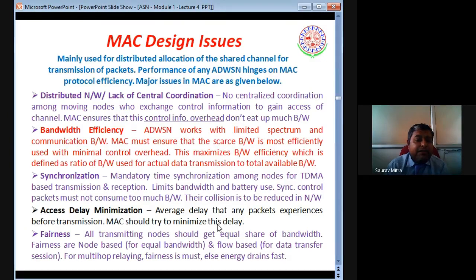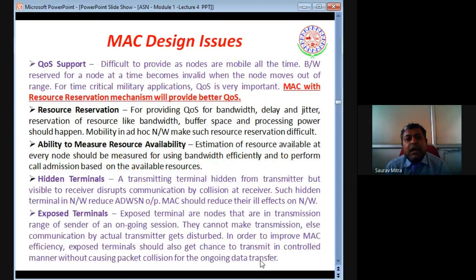So what is meant by fairness? Fairness is that all transmitting nodes should get an equal share of bandwidth. Fairness can be node based, equal bandwidth, and flow based data transfer. So in multi-hop relaying, fairness is a must, else energy drains out. All the sensor nodes should be given enough bandwidth and enough time so that they can transmit data towards the receiver.